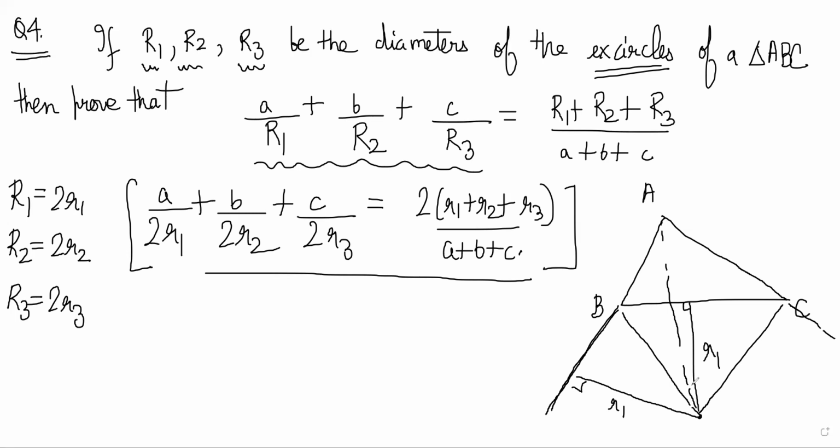Okay. So what I want to find out is A by 2r1, right? Correct. Yes. So A is this side. If you recall, this side is a and r1 is this. So think about it. A by 2r1, we have to find out.